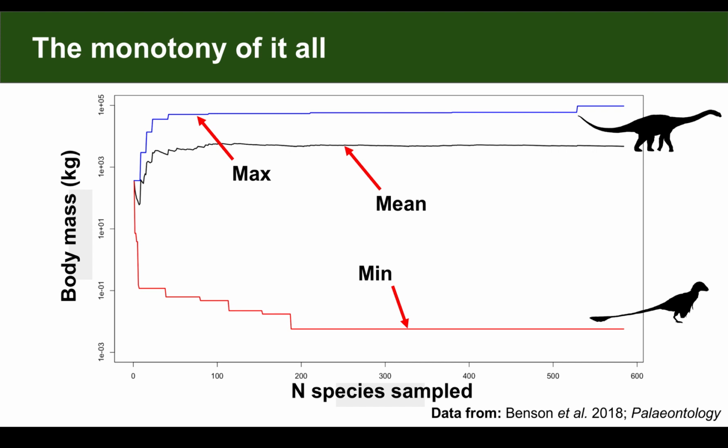This is from Roger Benson and colleagues' paper looking at dinosaur body size, published in Paleontology just a couple of years ago. And I've basically created an alternate history of the order in which we encountered the fossils and then measured different aspects of body size along the way. So effectively, as we go from left to right here, we start out with one dinosaur, which is going to be our average dinosaur.